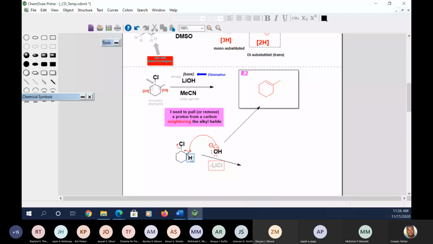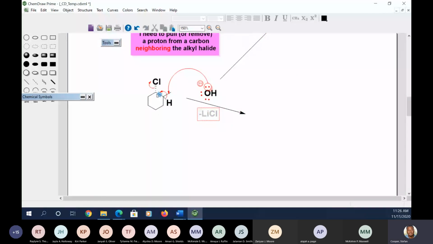Can you show me how these arrows should work? Again, the base is going to grab a proton. What's a proton? Just the hydrogen with no electrons. So what happens to the electrons that were being shared with hydrogen in a bond? Those 2 electrons are going to now make another bond between this carbon and that carbon. So this carbon would be over 4 bonds if it kept the chlorine, but conveniently, chlorine doesn't mind leaving with 2 electrons.